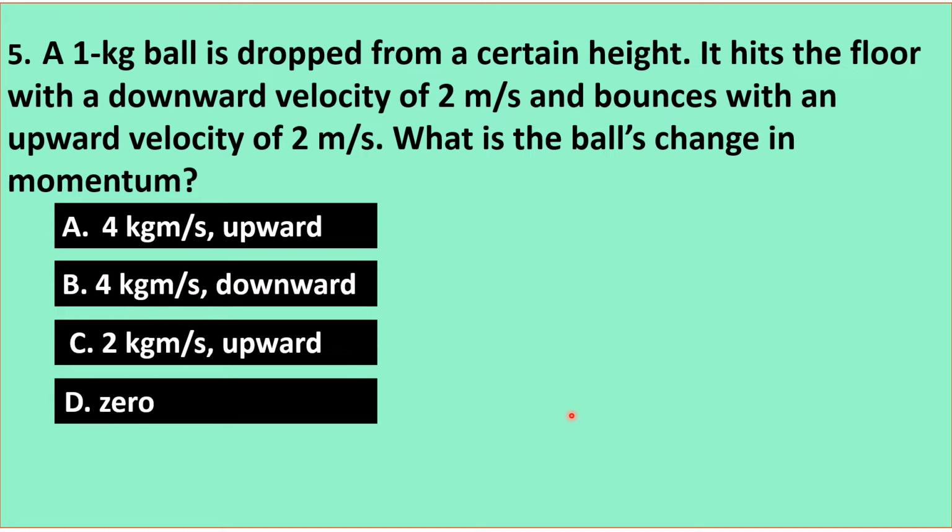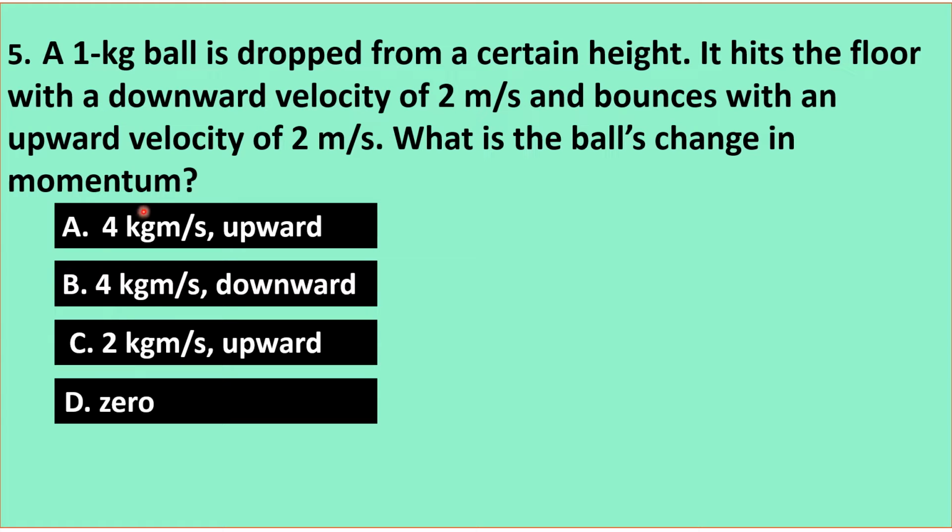For question number 5, a 1 kilogram ball is dropped from a certain height. It hits the floor with a downward velocity of 2 meters per second and bounces with an upward velocity of 2 meters per second. What is the ball's change in momentum?